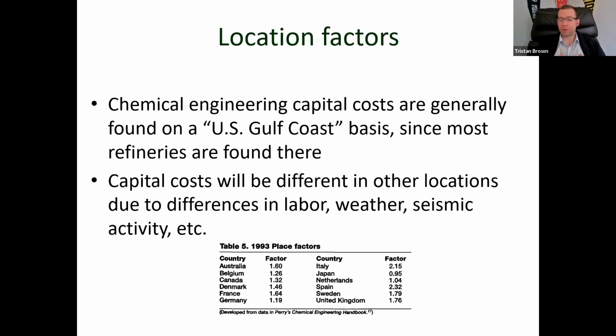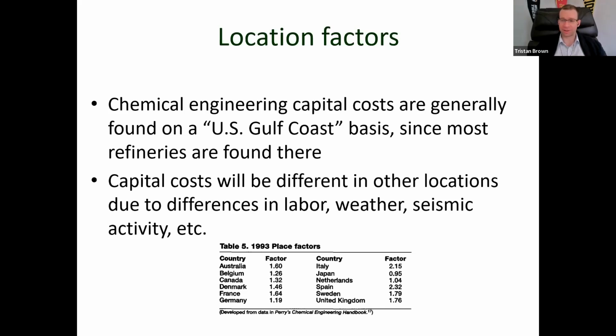So capital costs will be different in other locations due to a lot of different reasons, right? You've got differences in labor costs, differences in weather, seismic activity, et cetera. And so as a result, we have what are termed either location factors or place factors. I've got an example here from Perry's Chemical Engineering Handbook, right? So a place like Italy, where it does not have very good regulations in place in terms of labor, can be very, very expensive.